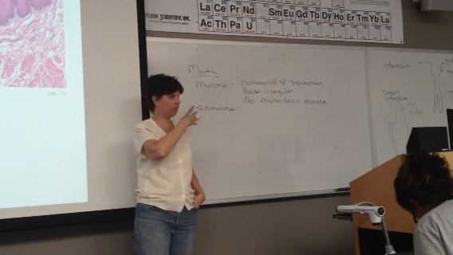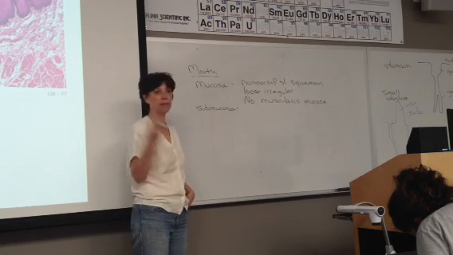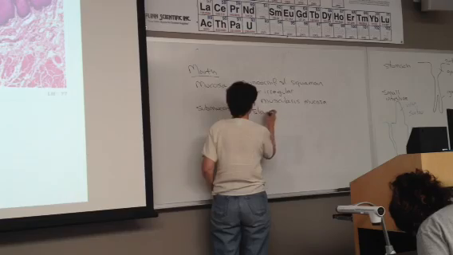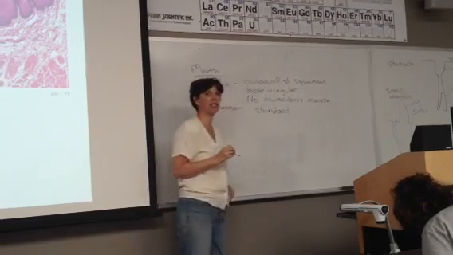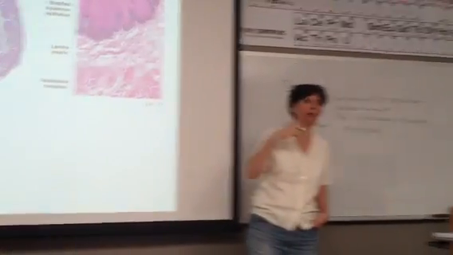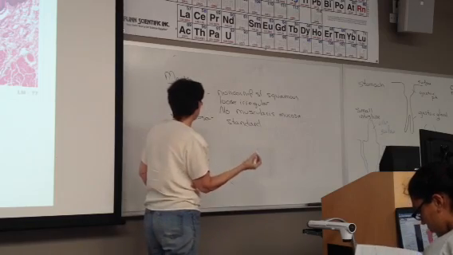Just dense, irregular connective tissue. So that's what we have here. And so when that's the case, I'm just going to write standard. We're not making any modifications to it. We don't have any additional glands. We have the salivary glands, but they're really not truly in the submucosa, so our standard submucosa.